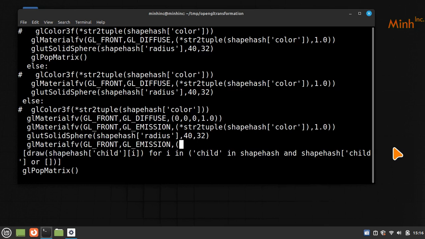It should not hamper others. So glDiffuse 0, 0, 0 means it is not receiving any light, because it would be multiplied by 0, 0, 0. Whatever diffuse color is coming has no meaning here. Then we are setting the emission. It should emit its own light, and we are setting emission back to 0. So that is the code.